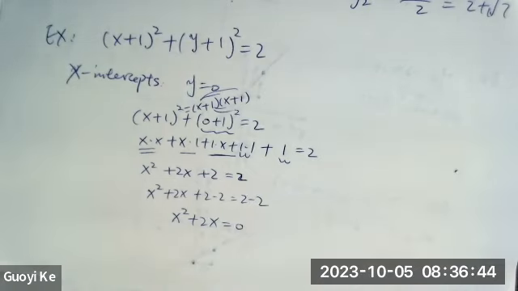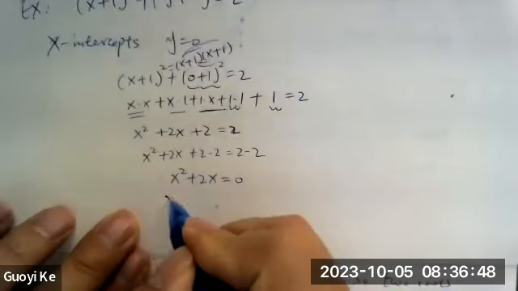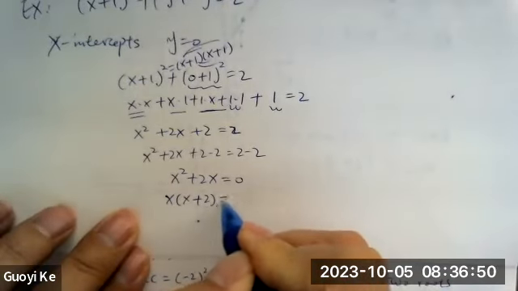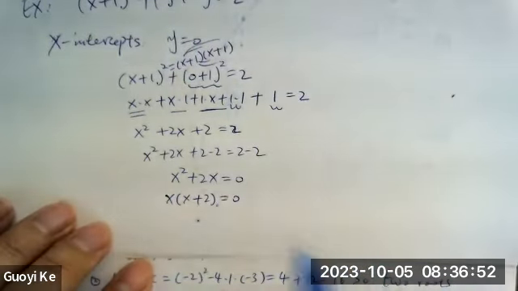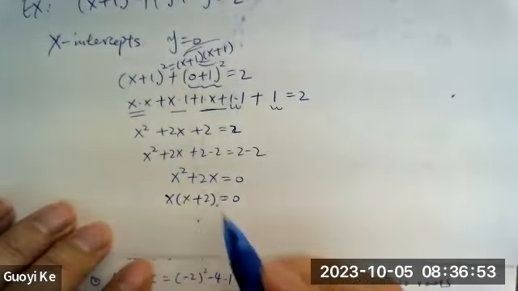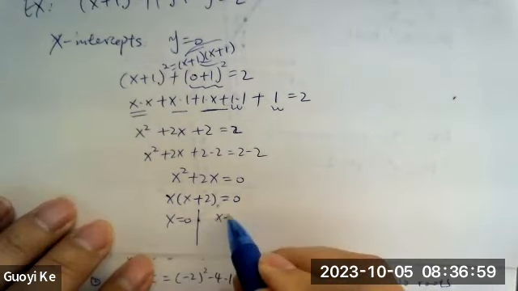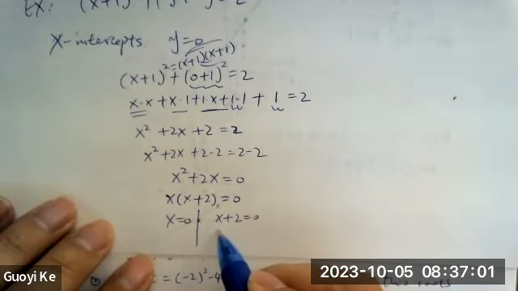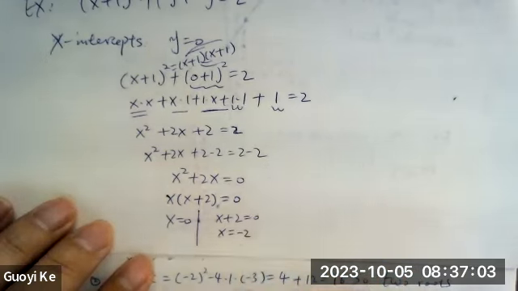Factoring method, right? Good job. You remember it. Okay, so factor out x, you're going to get this, right? So factoring method. So x equals 0. And the second root is what? You're going to get x equals -2, right?